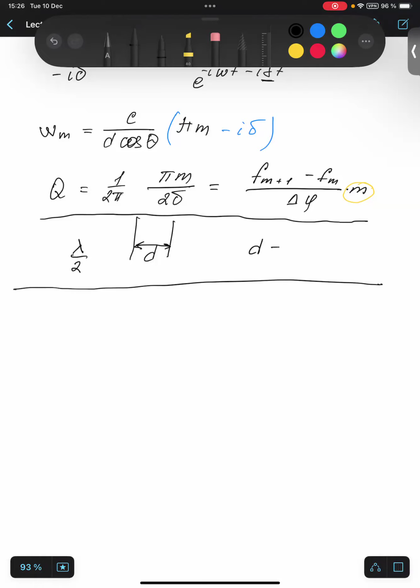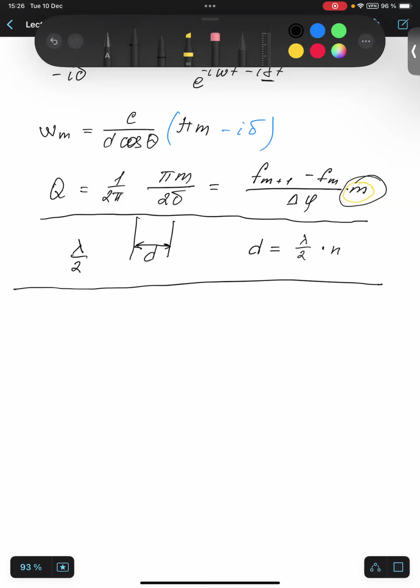D is the length of the resonator, equal to lambda over 2 multiplied by some integer number. So it is just the resonant condition of a Fabry-Perot resonator.